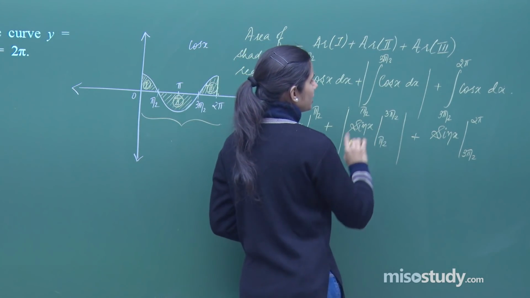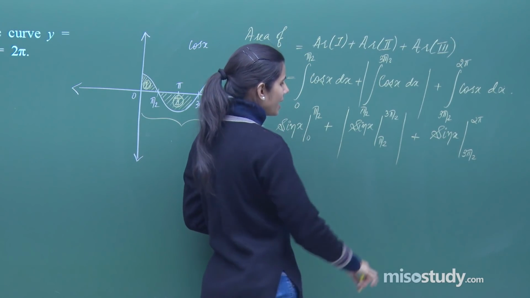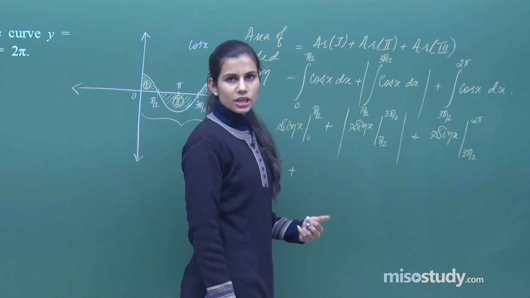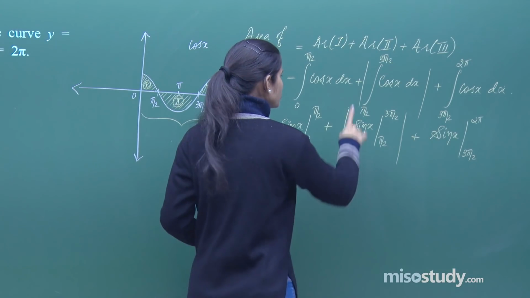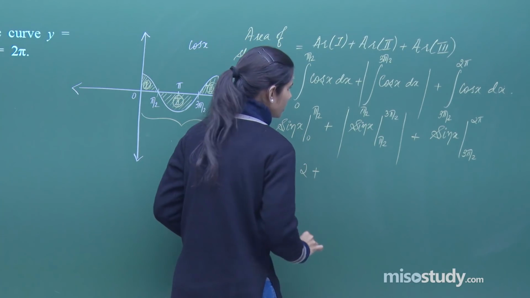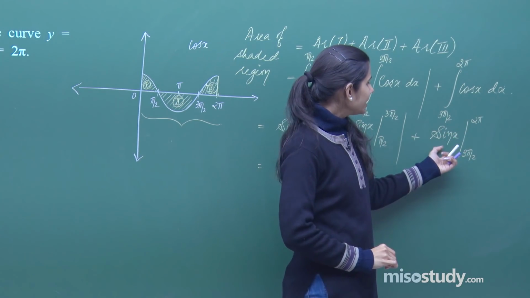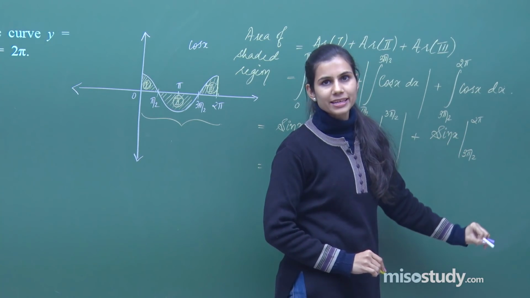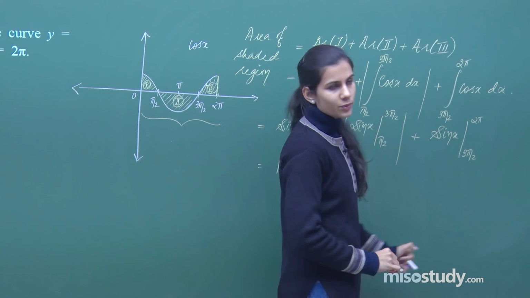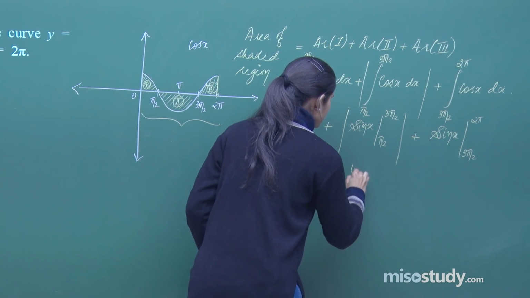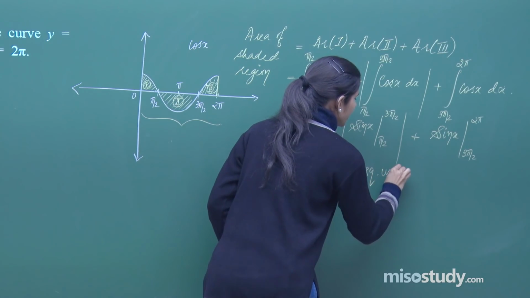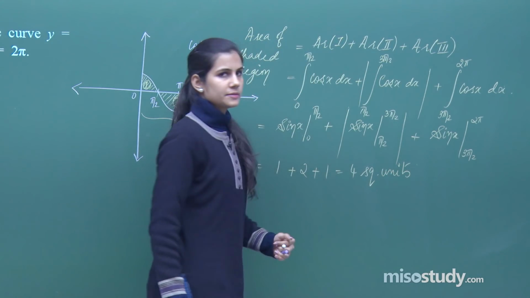Sin 3 pi by 2 is minus 1 minus sin pi by 2, which is 1. So minus 1 minus 1 gives you minus 2, mod of minus 2 gives you 2. And here you have sin 2 pi is 0 minus sin 3 pi by 2, which is minus 1. So 0 minus minus 1 gives you 1. So, you get 4 square units as the answer.